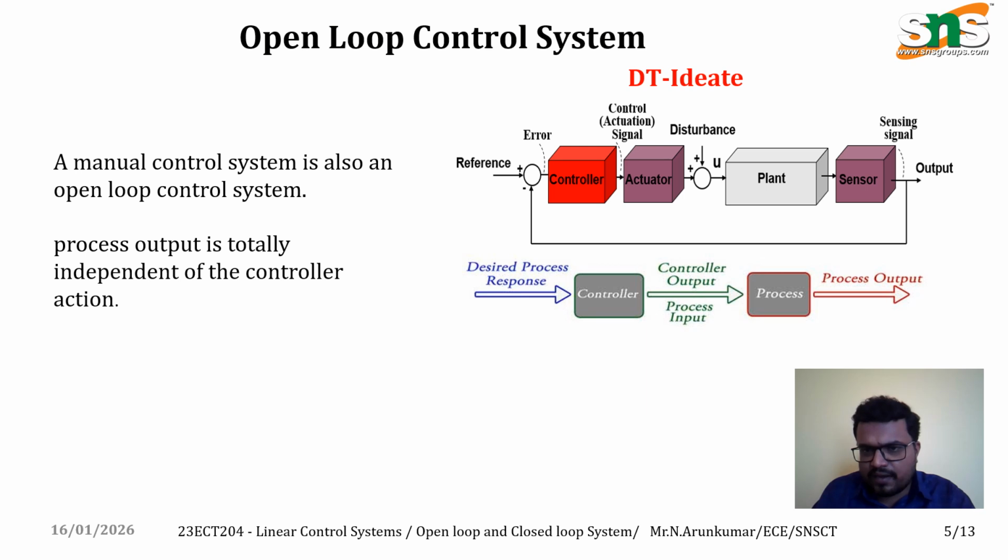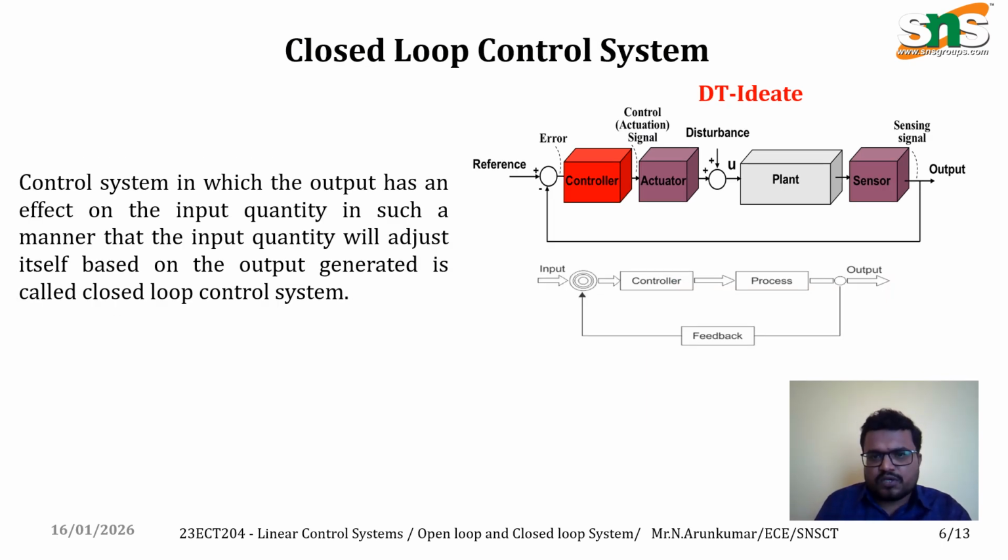If you want to add any signals to the signals, we use the disturbance here, and the plant is nothing but the controllers and sensors. Once the information has been given, it moves towards the destination. Examples: washing machines, which we use in our daily lives. Once a particular program is assigned to the washing machine, it stops based on the input conditions.